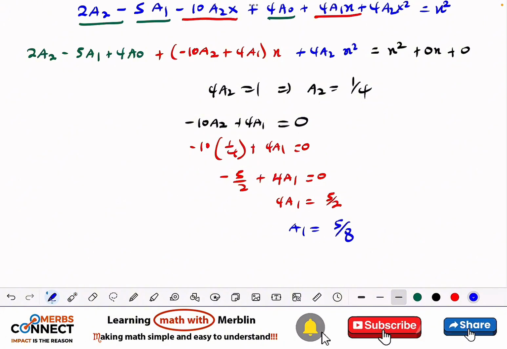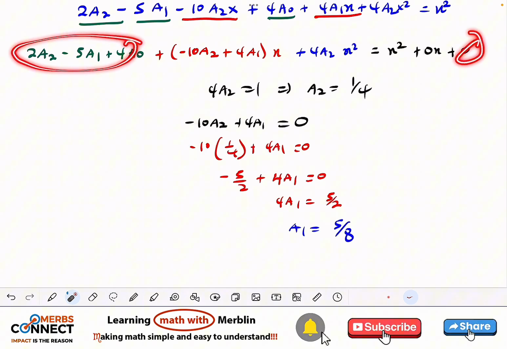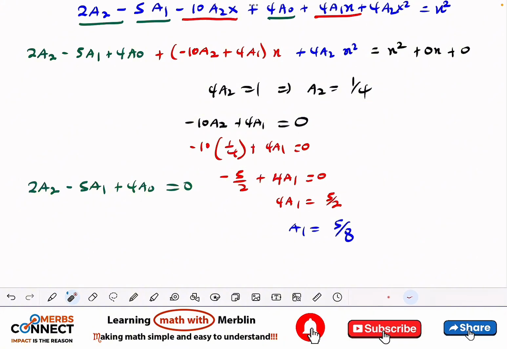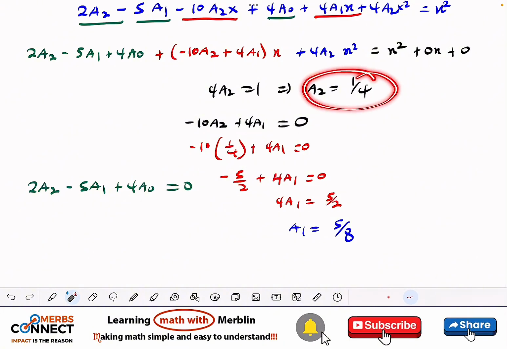Then the last one is, we have a constant term here, and the constant term here is 0. We don't have anything, so this one is 0. So I'm going to have 2a2 minus 5a1 plus 4a0, which is equal to 0. I know a2, I know a1, so it will help me to find a0.